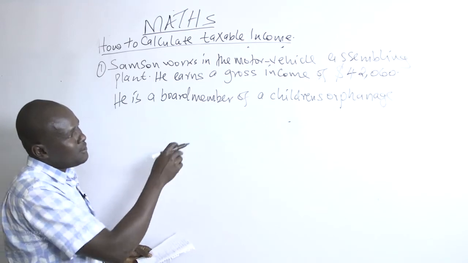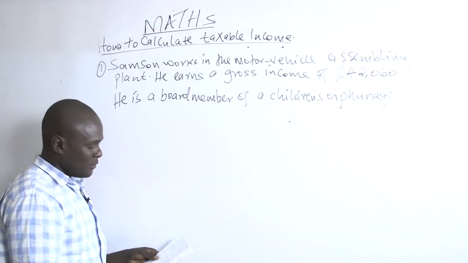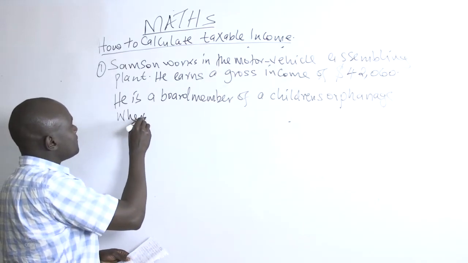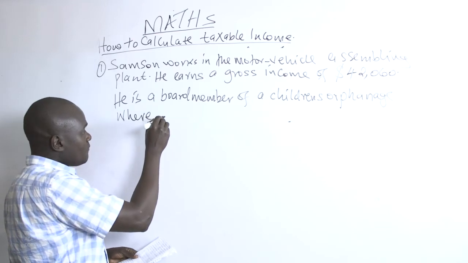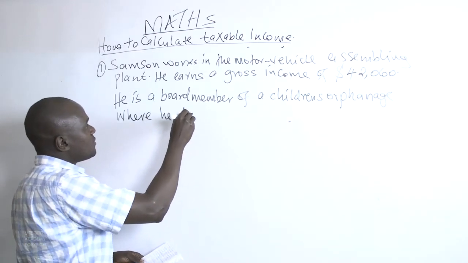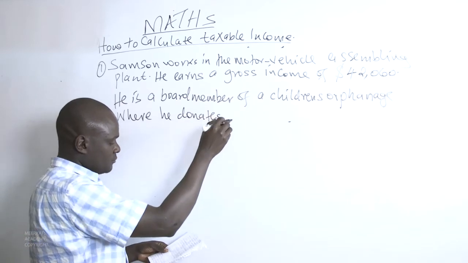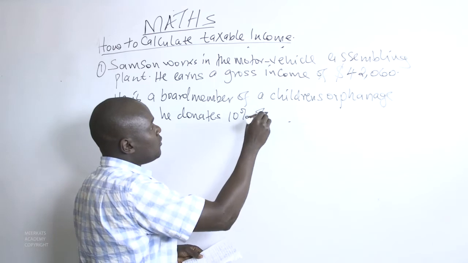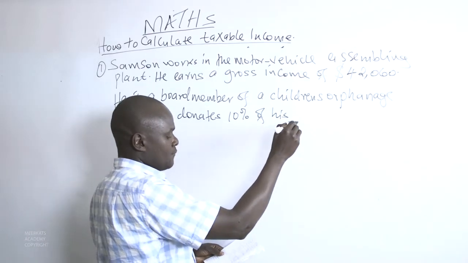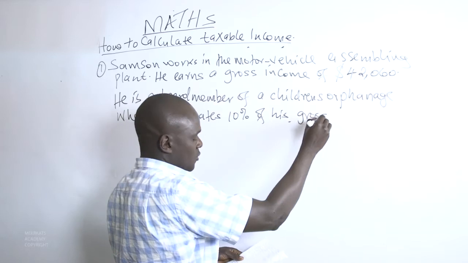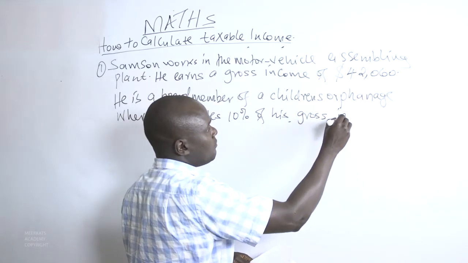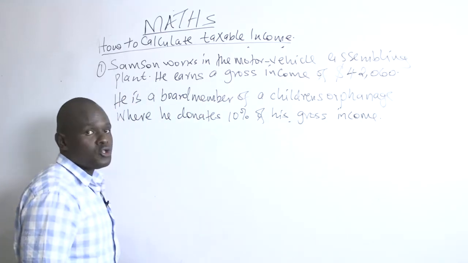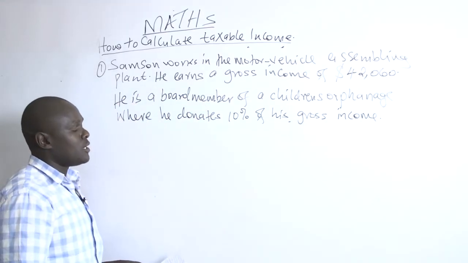So we are talking about the one concerning human beings, where he donates 10% of his gross income. 10% of his gross income goes to the charitable organization.